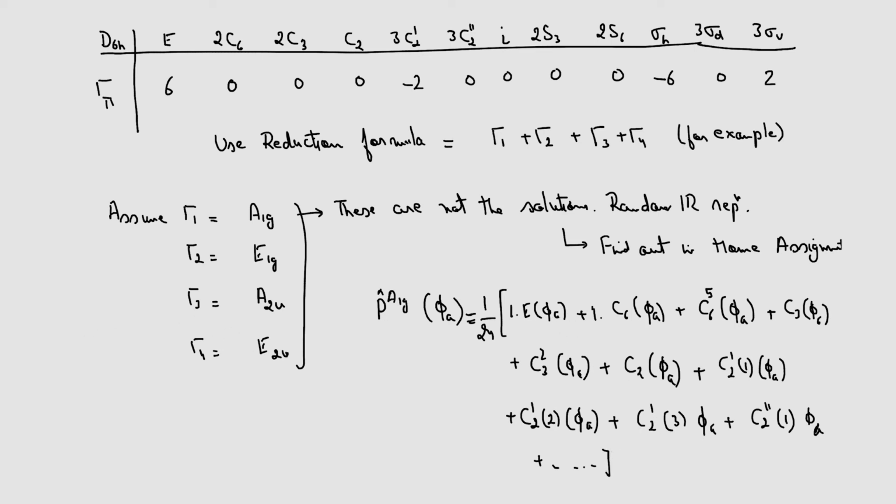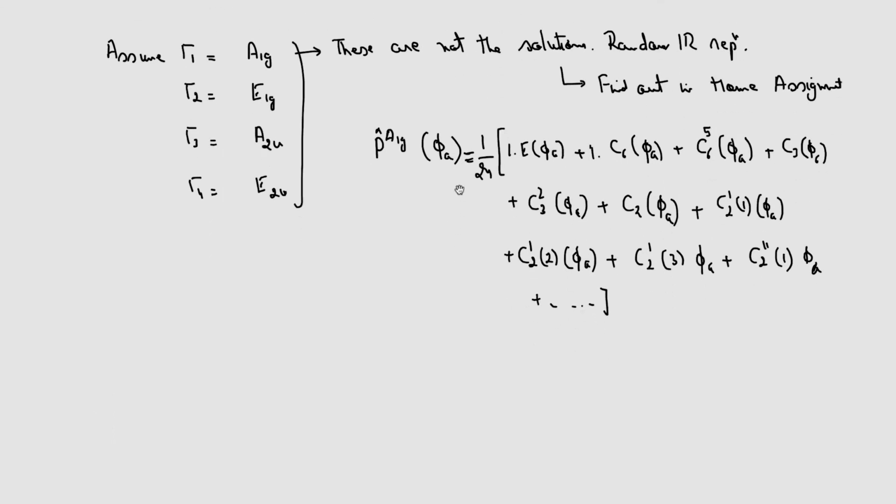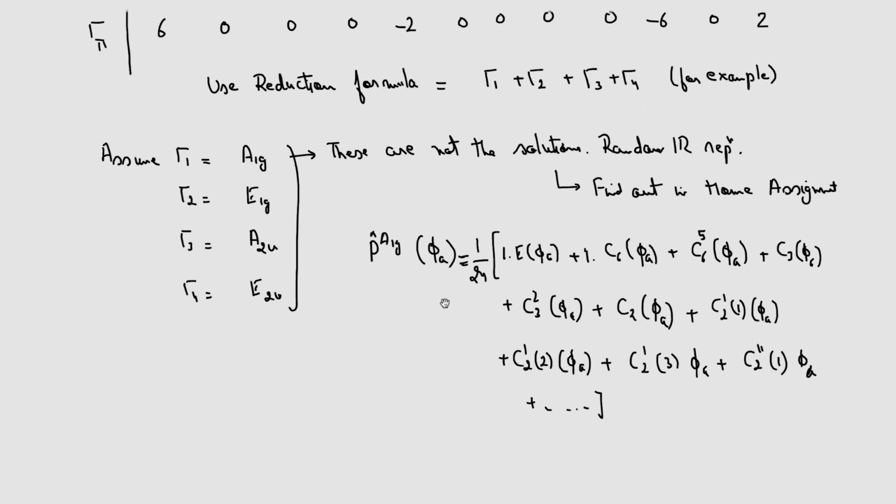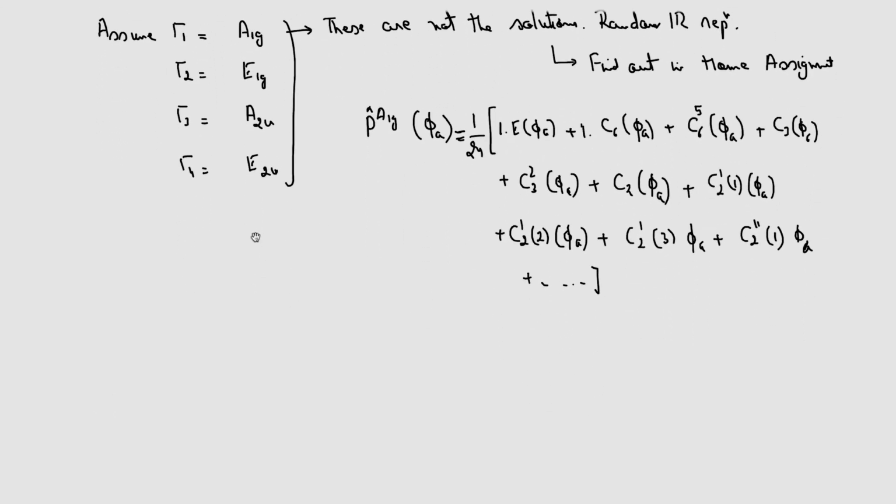Okay. Now what will be the answer to this? So let us try to see if we can actually find out what will be the answer. So the answer will be the projection operator A1G on phi A, 1 over 24.